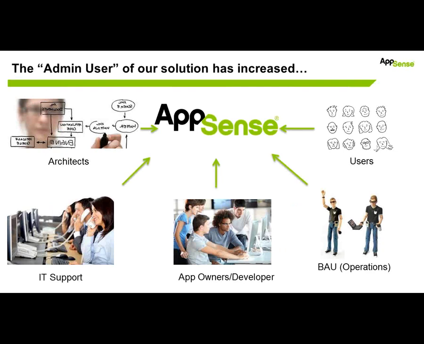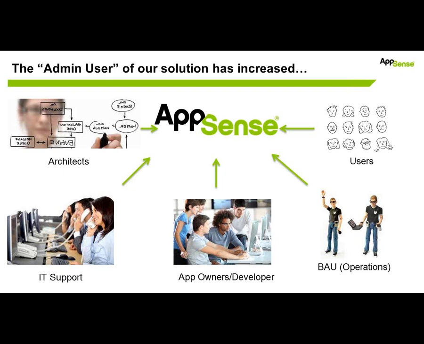As we look at, for instance, our customer base, and as we are utilized in more ways and people use more and more of our capabilities, the amount of administrators and users of our software has actually started to increase. So for instance, a desktop or an end-user computing person may utilize our technology to help with the Windows 7 migration, and someone else in security may utilize our solution to deal with privilege management.